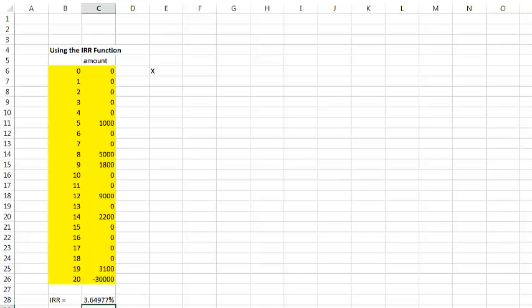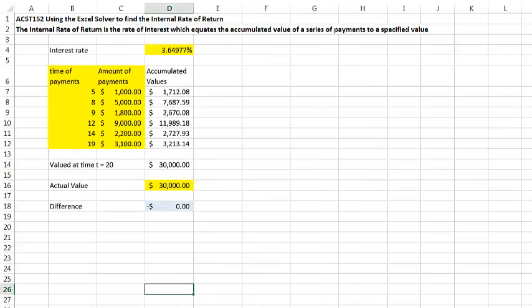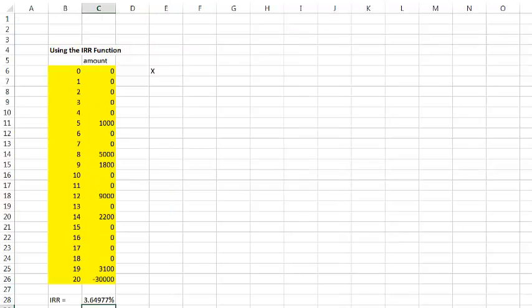And as you can see, Excel has instantly calculated the correct internal rate of return, and it's come out with exactly the same answer as using the solver, 3.64977%, both ways.